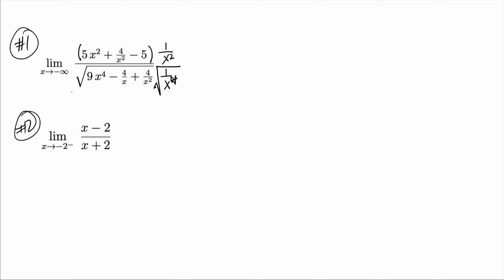Now, the nice thing about this square root is that this part right here can actually hop inside the square root and distribute to all those guys. When it does, on the top, we'll end up getting 5 plus 4 over x to the 4th minus 5 over x squared.